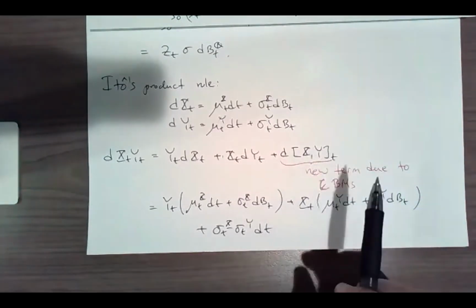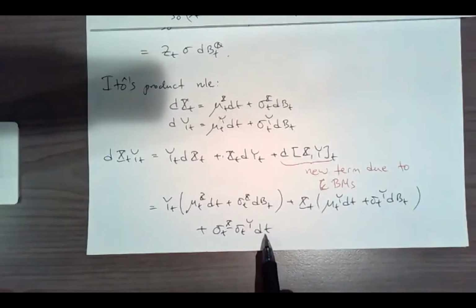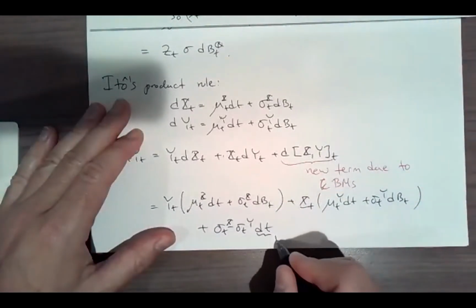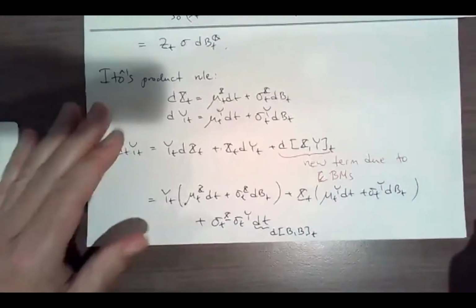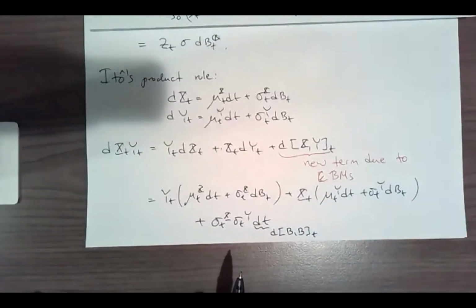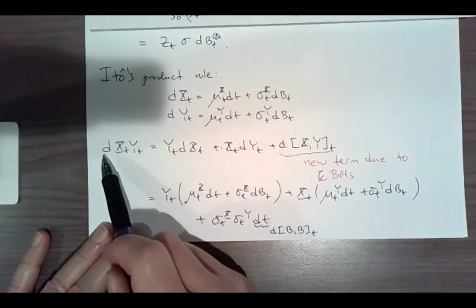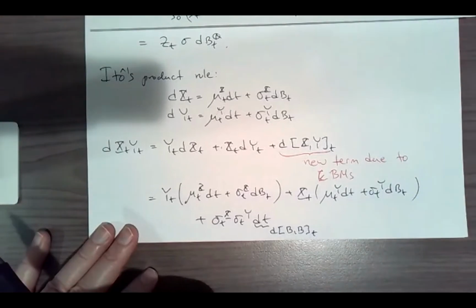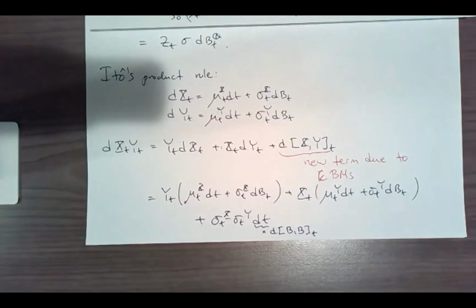What is the variation of Brownian motion? It's t. But this term here is d of B, so it's the d of the t. It's in d form, we have thrown away the integrals. Yeah, that makes sense.